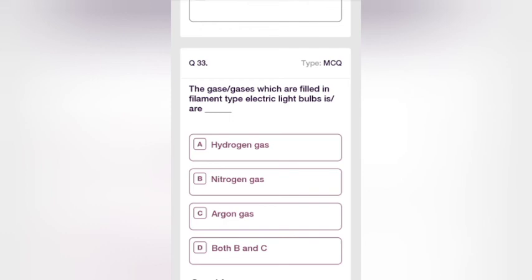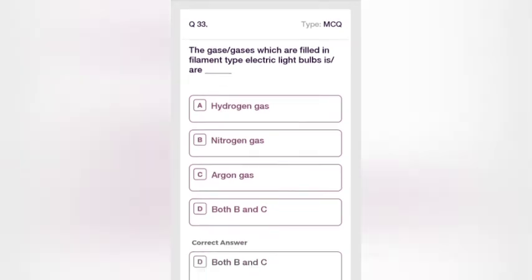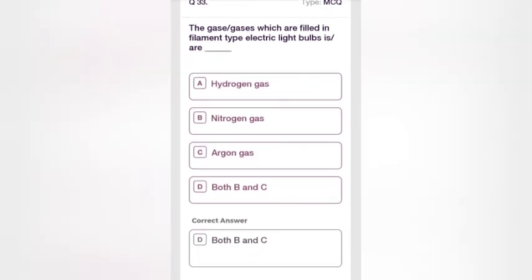The gas which is filled in the filament type electric light bulbs is what kind of gas? It's inert gas. So inert gases are argon, helium, neon, and also nitrogen. Nitrogen and argon gas is filled.